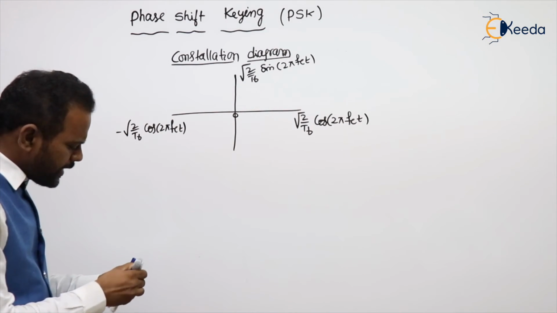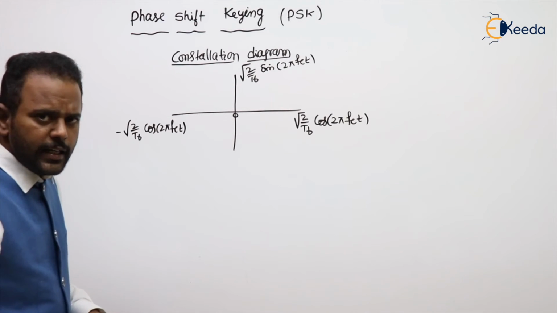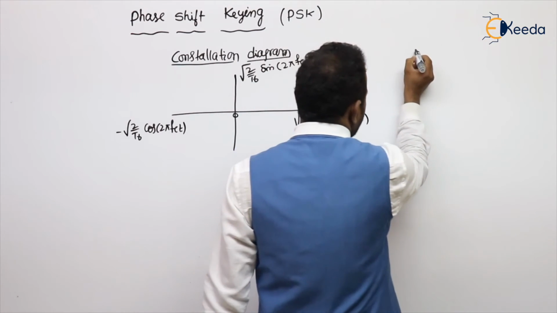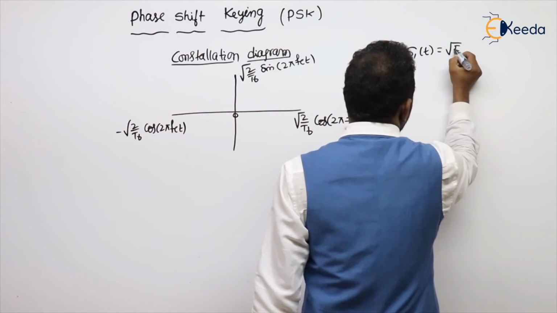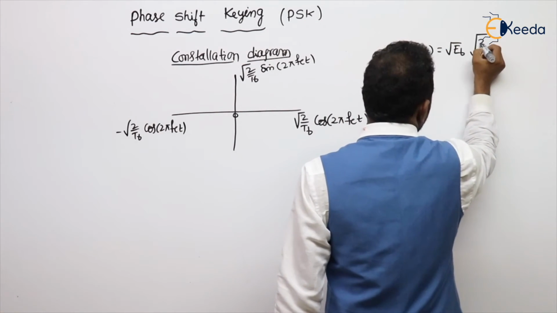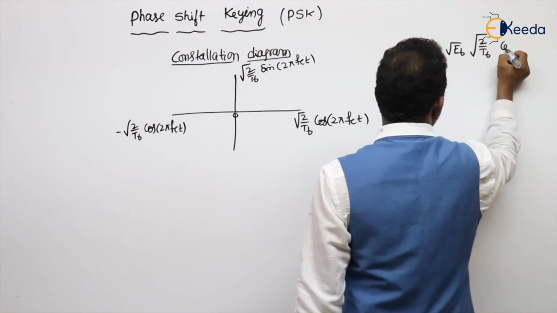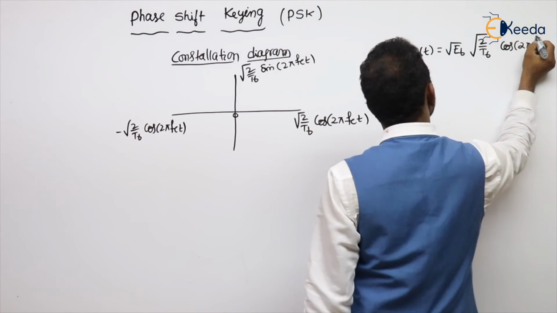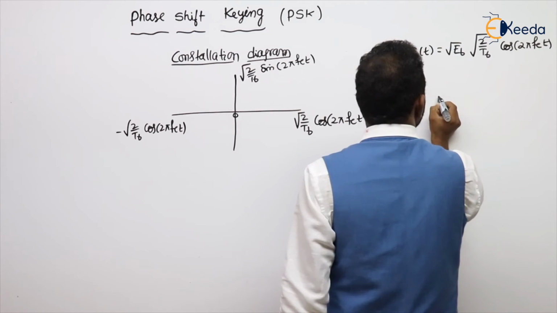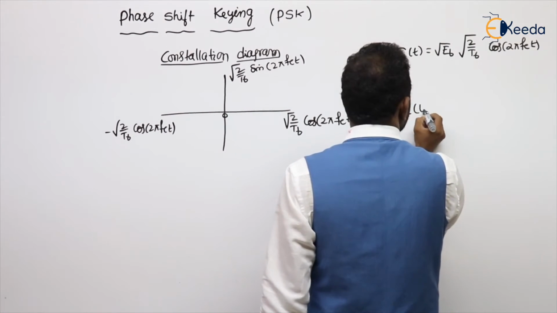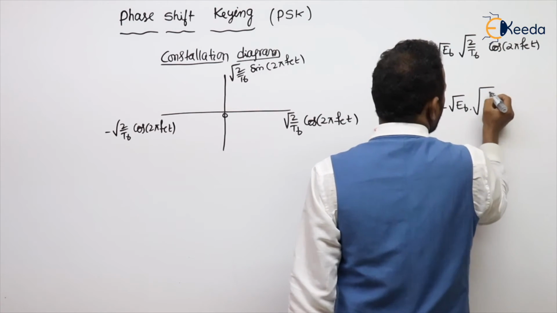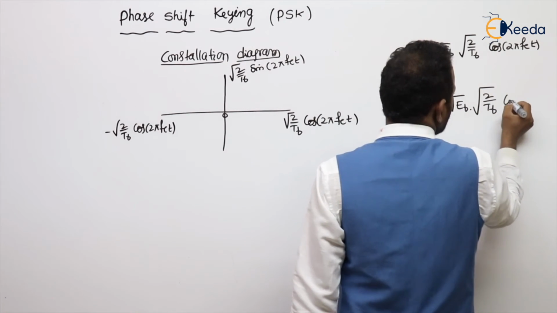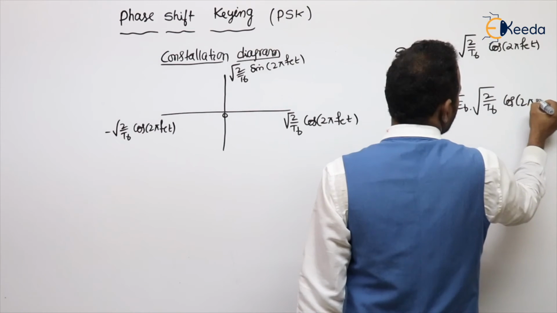What are the two modulated signals we got? S1 of t equals root Eb into root 2 by Tb into cos 2 pi fct. What is S2 of t? S2 of t is nothing but minus root Eb into root 2 by Tb into cos 2 pi fct.